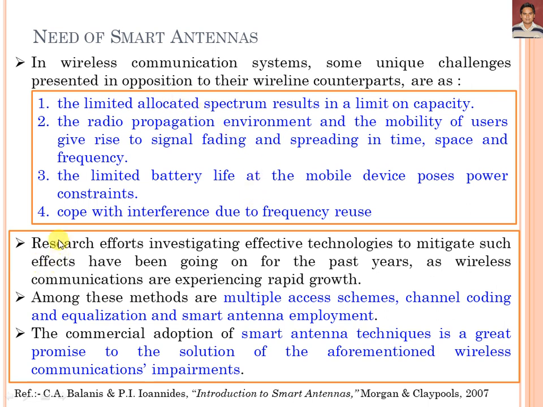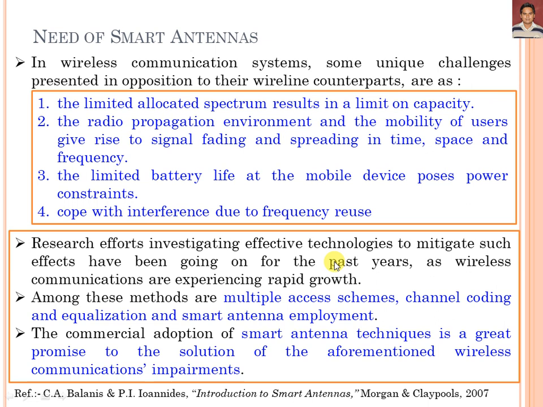Various researchers are investigating ways to increase technology performance over the past few years, because wireless communication is experiencing rapid growth in broadband wireless communication technology, especially in internet services and cellular systems.